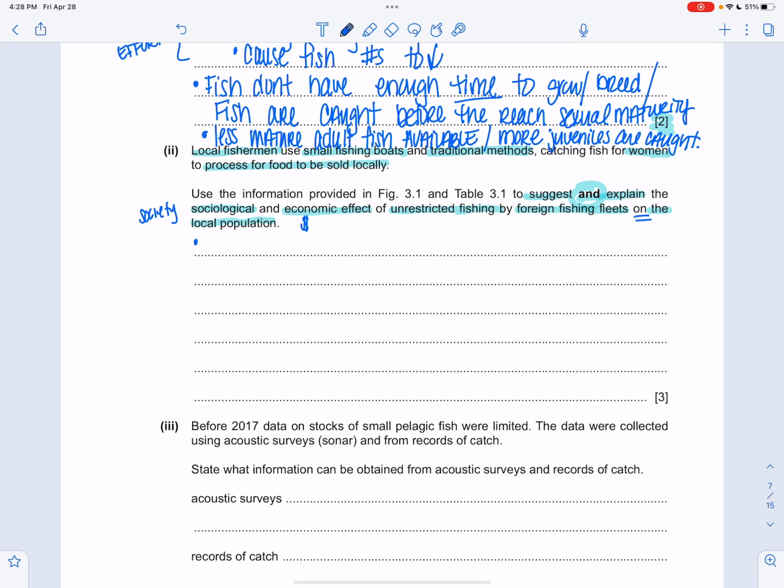Okay, so the effect, and then just suggest what's happening, and then explain the effect it's going to have on sociological and economic factors. So we're going to have overall less fish being caught by locals. And when we're talking about local population, we want to answer specifically that it's affecting them.